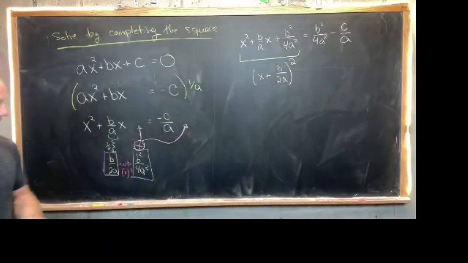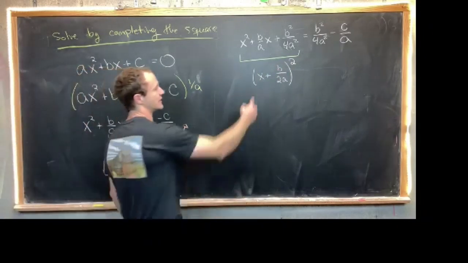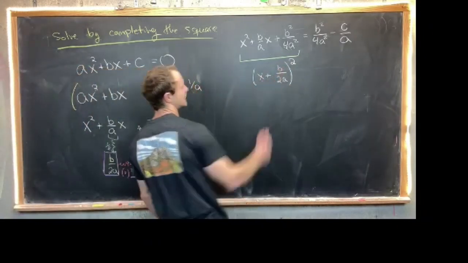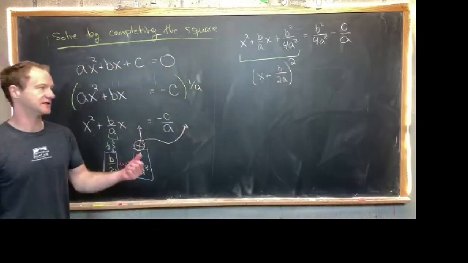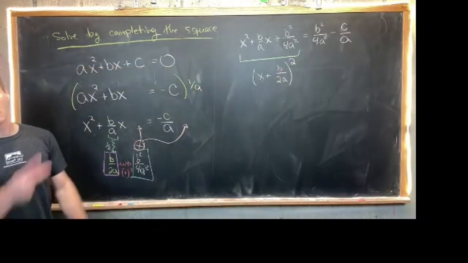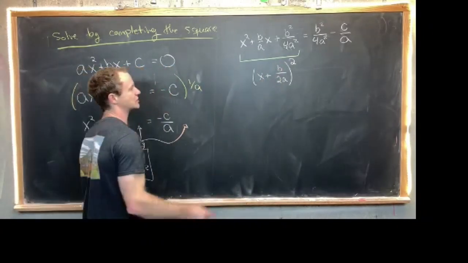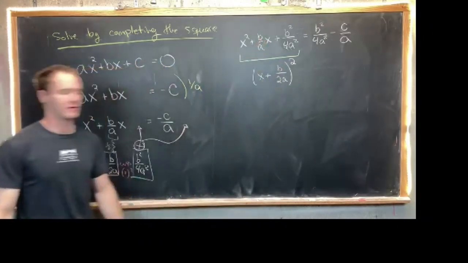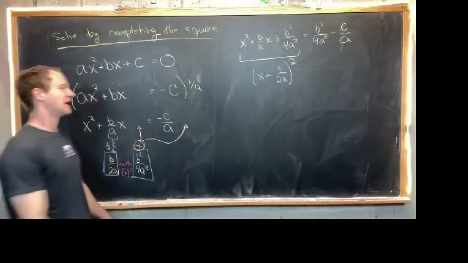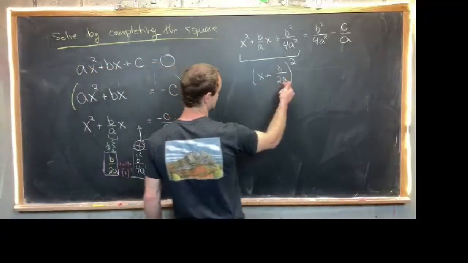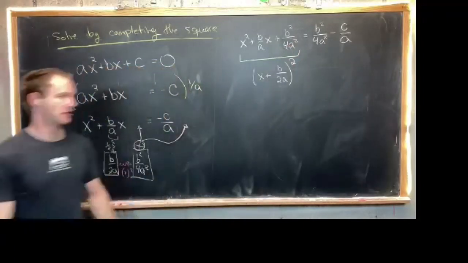You can check that that's how that foils out, but it works. We get x times x is x squared, x times b over 2a is b over 2a times x, but we have two of those. So when we add them together, we get 2b over 2a, which simplifies to b over a. And then finally, we get b over 2a squared, which gives you that last term.